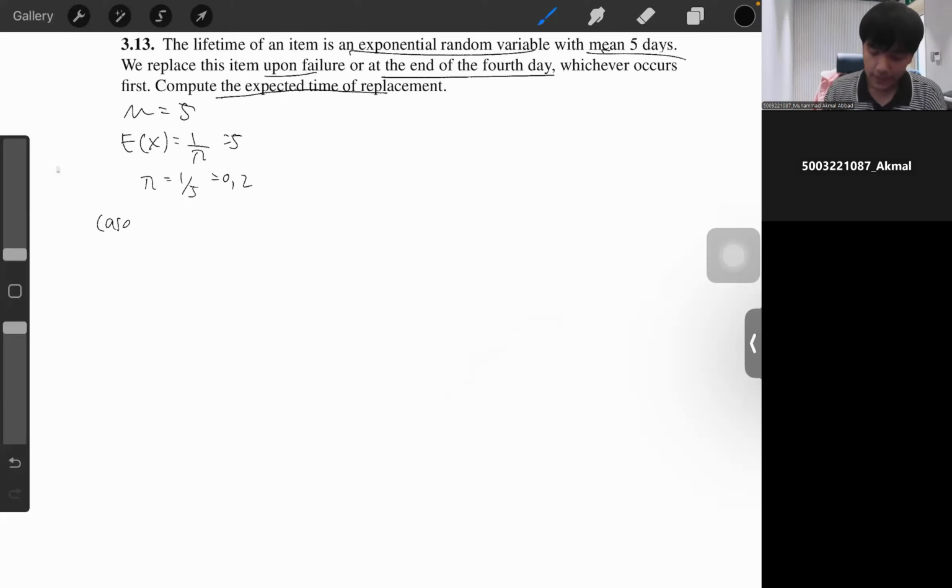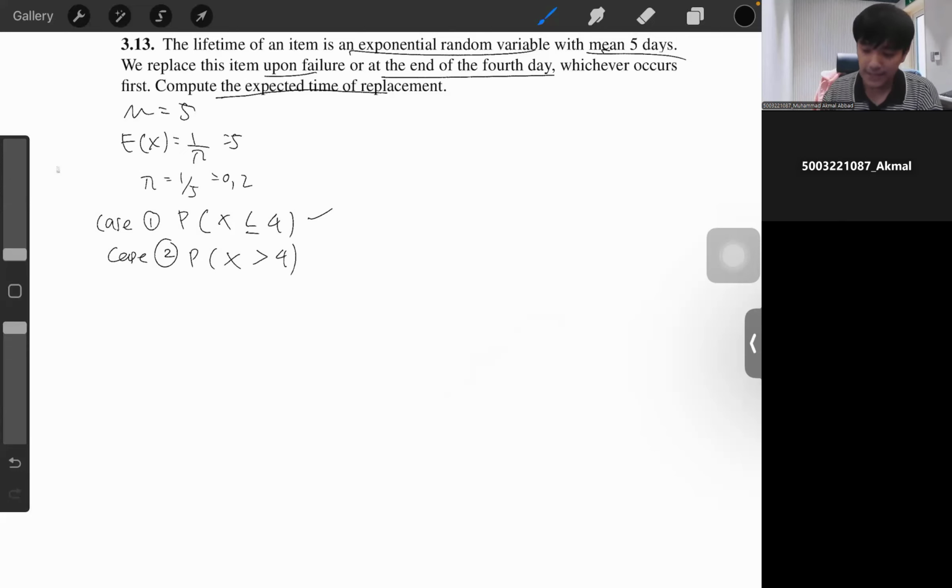Case one is when the item fails within 4 days, so the probability that x is less than or equal to 4. And case two is when the probability that x is greater than 4.